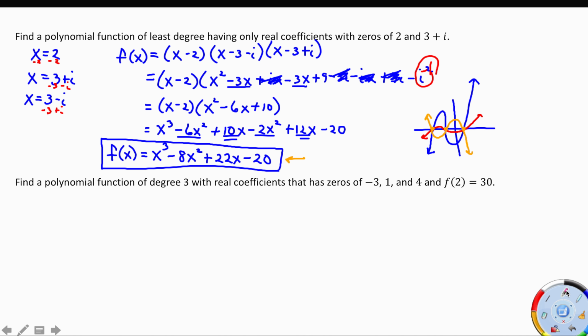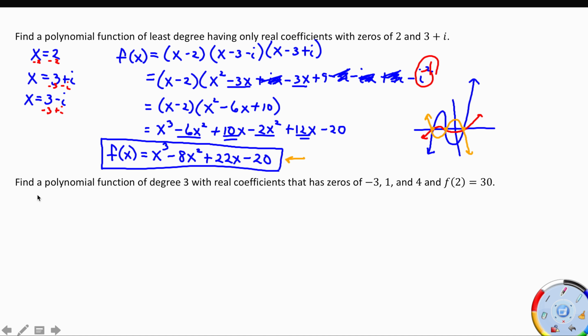We could be asked for a specific function with some zeros, like this one. Find a polynomial function of degree 3, which we can tell it's going to be degree 3, with real coefficients that has these zeros and f of 2 equals 30. So I've got a specific other point it has to go through other than just the zeros.